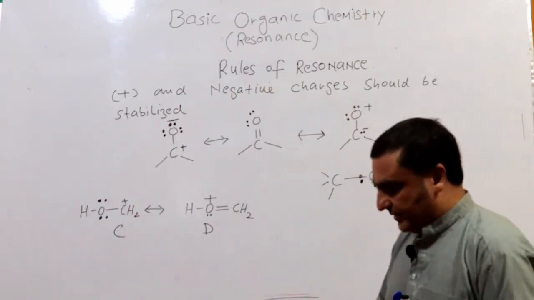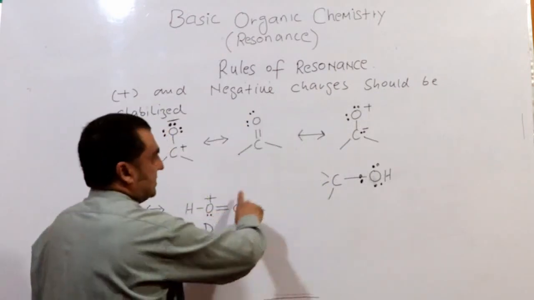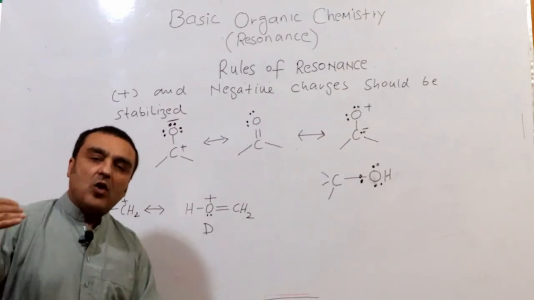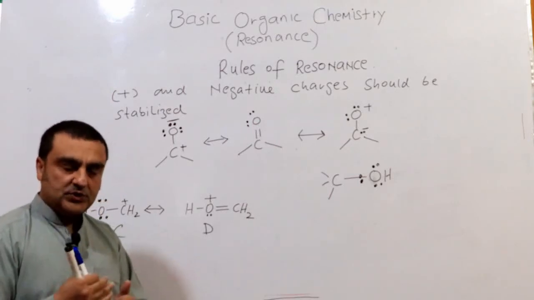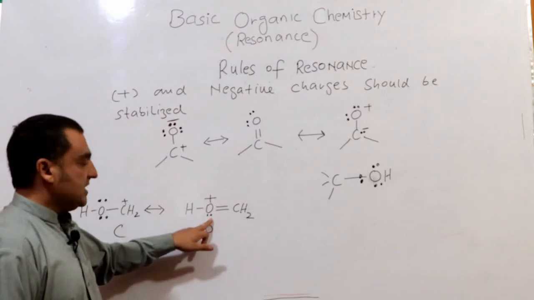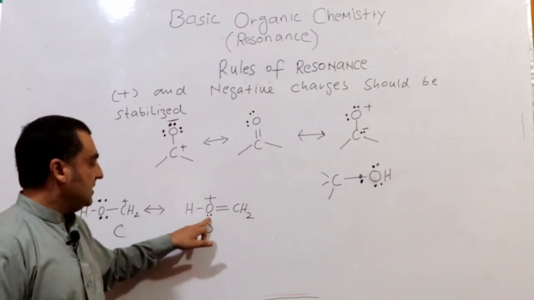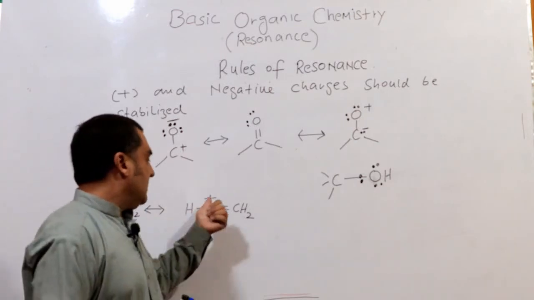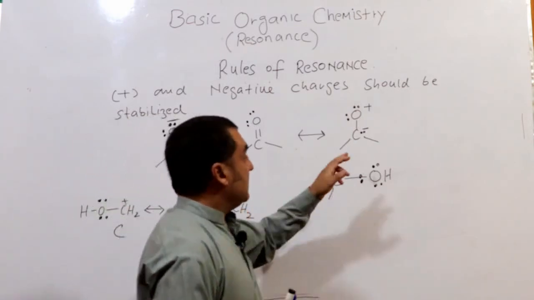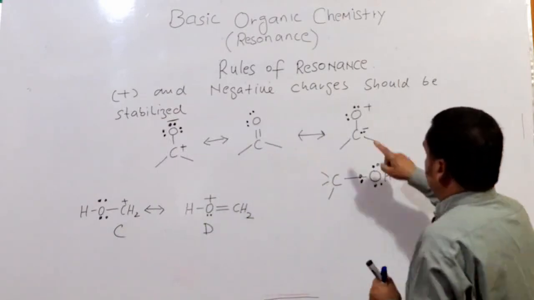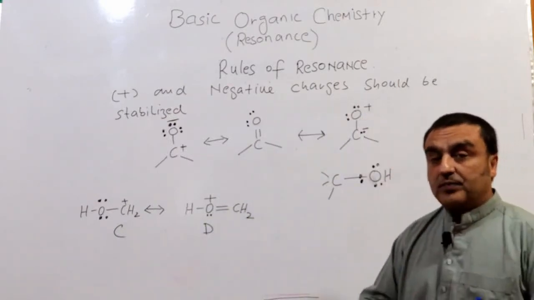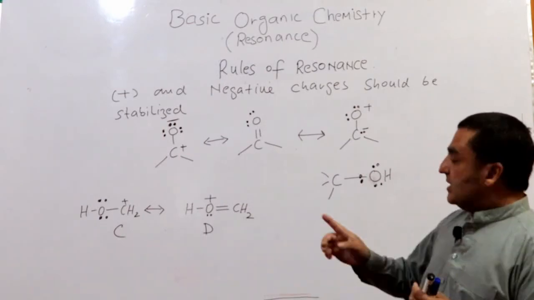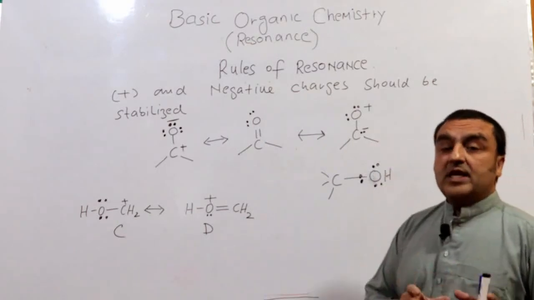Now here it is a positive oxygen and this is a positive oxygen, but we need to give preference to the octet rule. The octet rule needs to be preferred. Now this oxygen has a complete octet; 8 electrons are present around it. This is good. But this other oxygen is positive, and it's an electronegative species which wants electrons, but here it has 6 electrons.